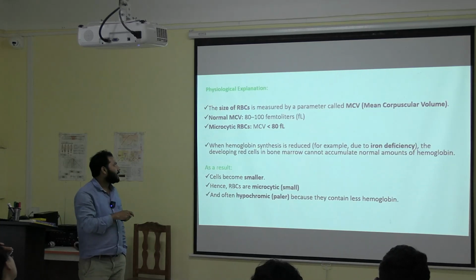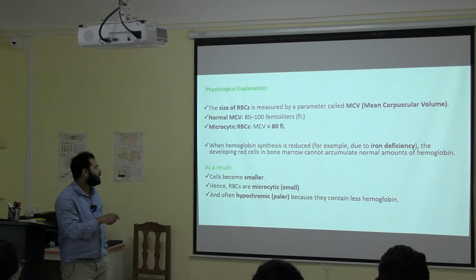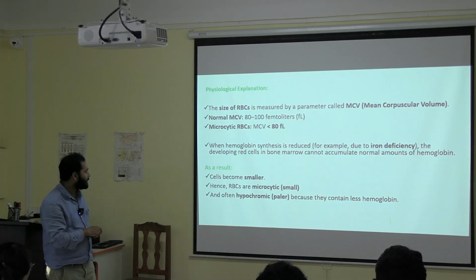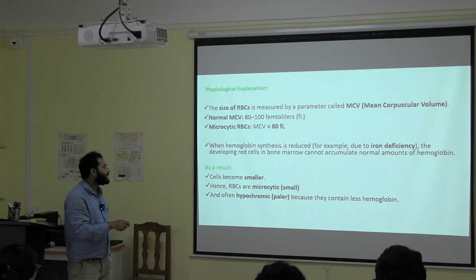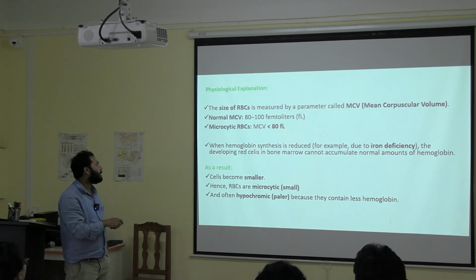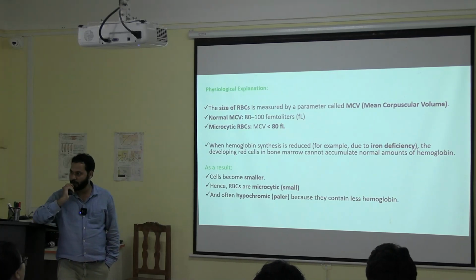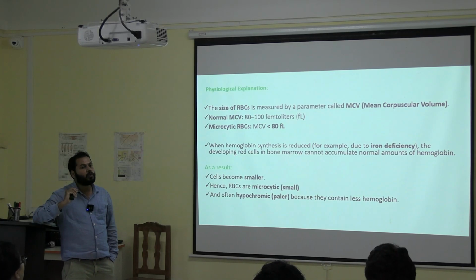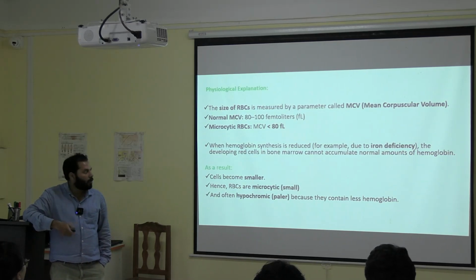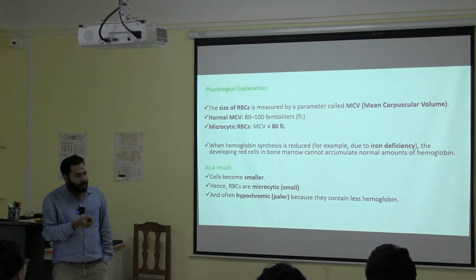Now, as the MCV level is below normal, how is it physiologically related? You can see here, when hemoglobin synthesis is reduced, the developing red blood cells in the bone marrow cannot accumulate normal amounts of hemoglobin. We know the most important site for the synthesis of hemoglobin is the bone marrow, right?